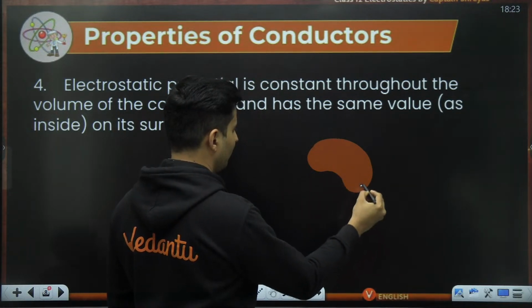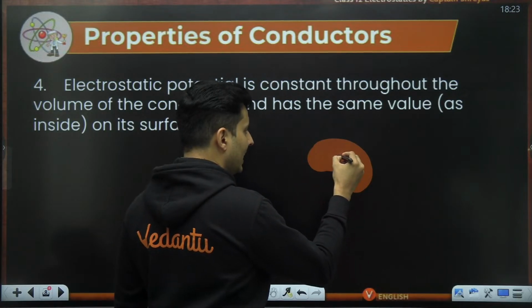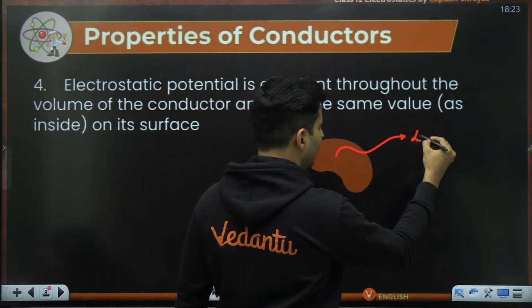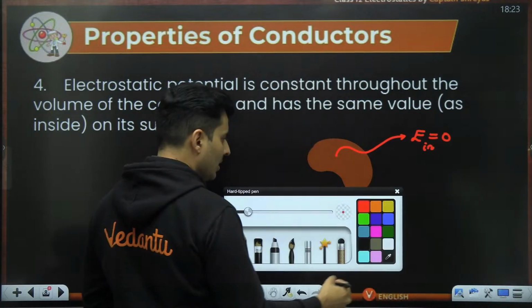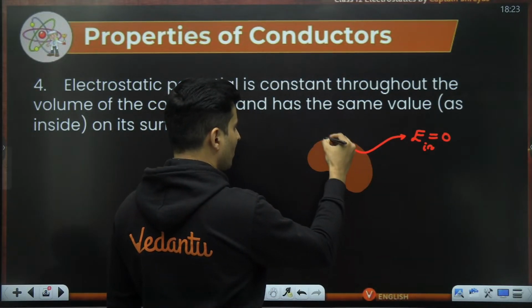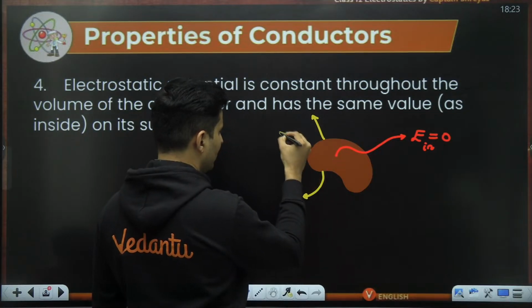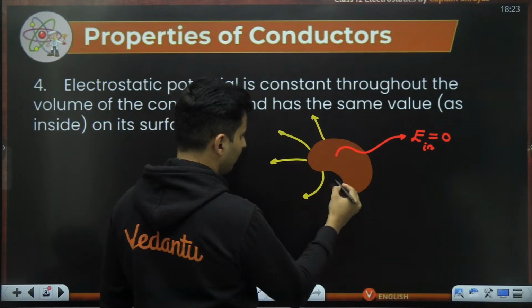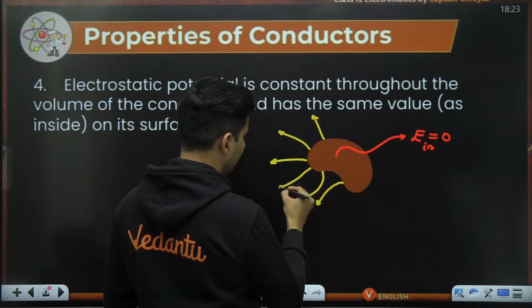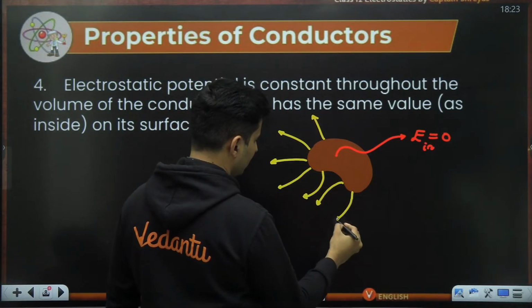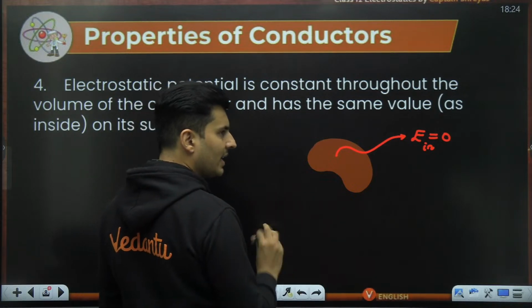Everywhere inside, the field is 0. But if you go outside, the field is there. So outside there is field 100%, but inside there is no field.